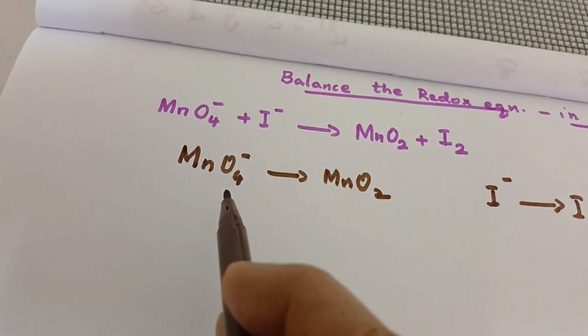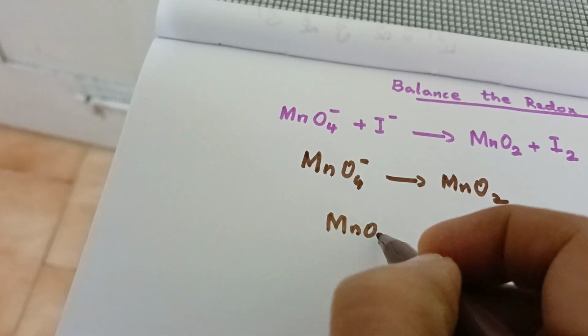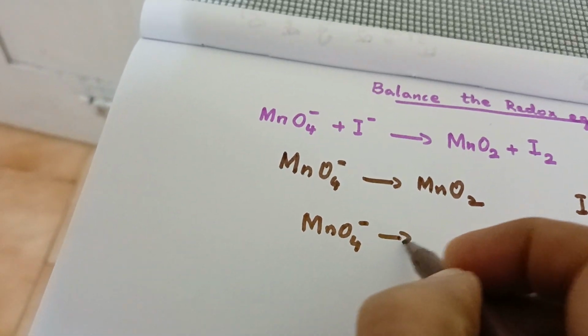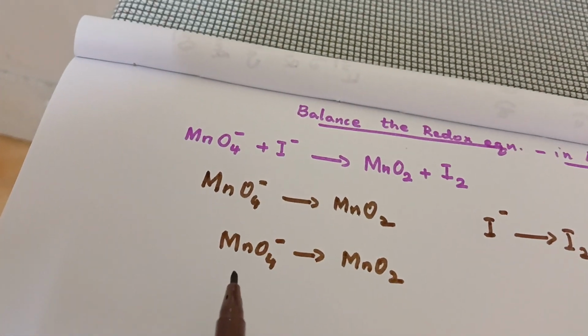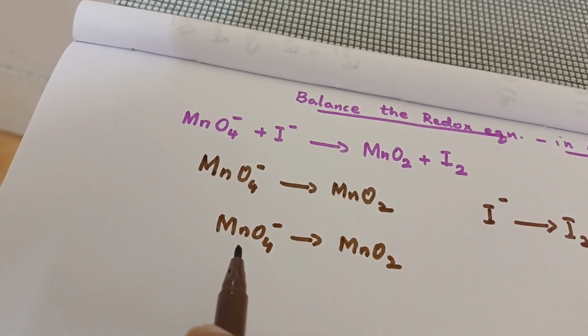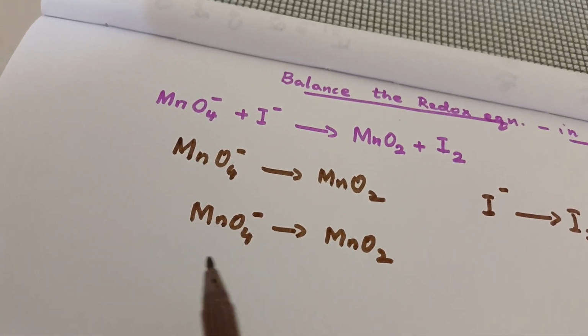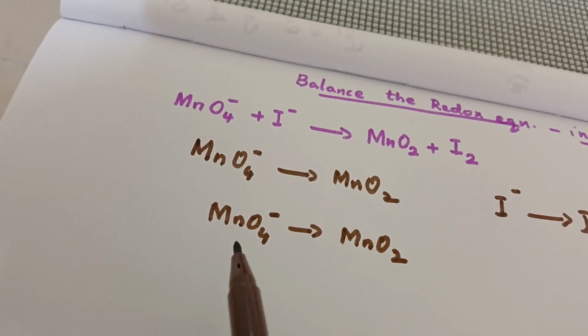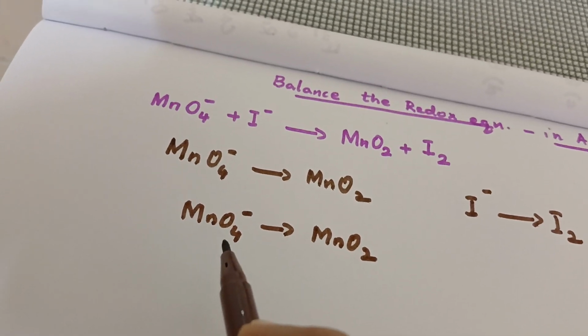If we take this equation, MnO4⁻ giving MnO2, let us look at the atoms other than oxygen or hydrogen, that is manganese. In both there is one atom of manganese each, so that is balanced.